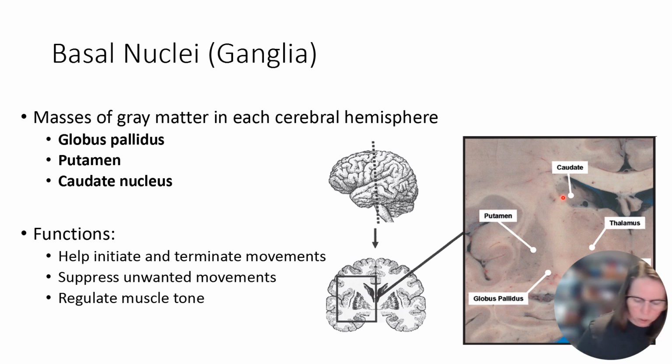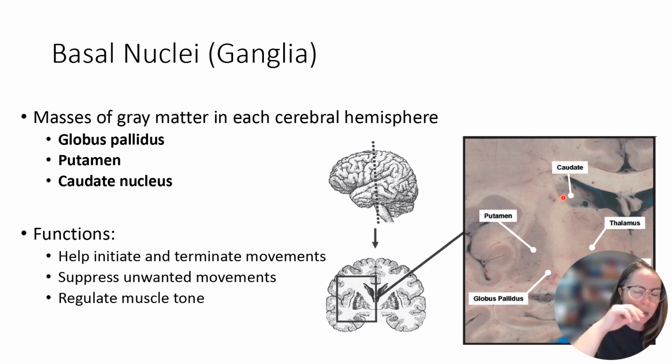But let's talk about what they do specifically. Your globus pallidus is responsible for regulating your smooth and precise motor movements. Writing is a precise motor function, so it makes sure those movements are smooth and not jittery. It has a primary inhibitory component, which means its main job is to say no and prevent unwanted movements, which is the opposite of what the cerebellum does.